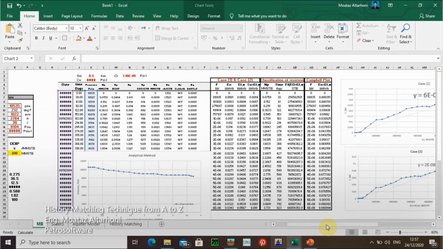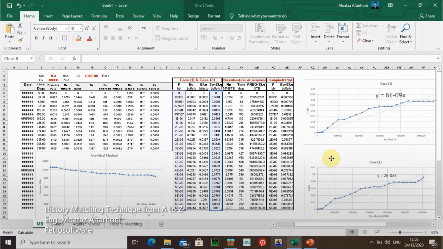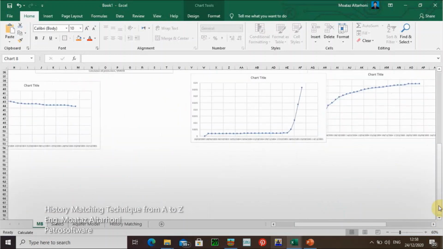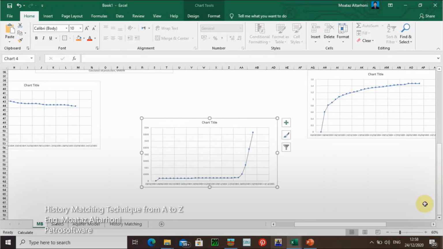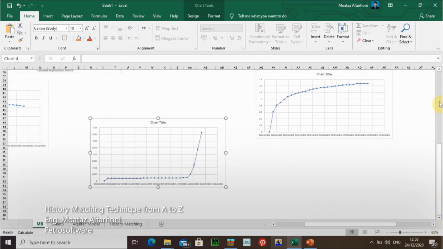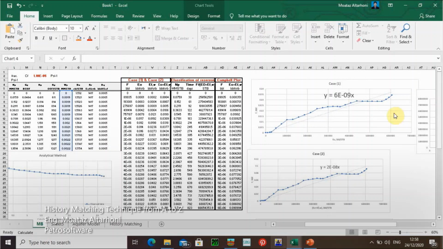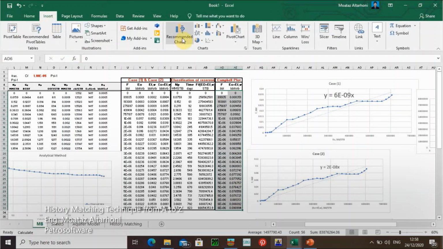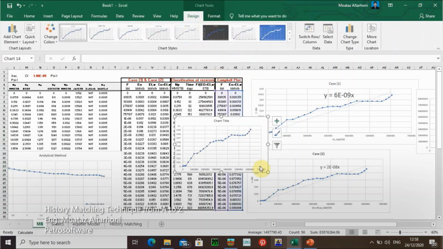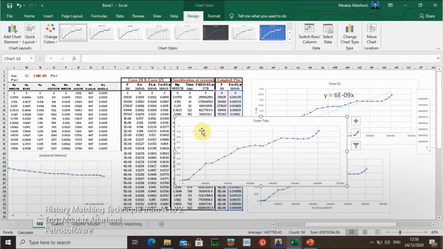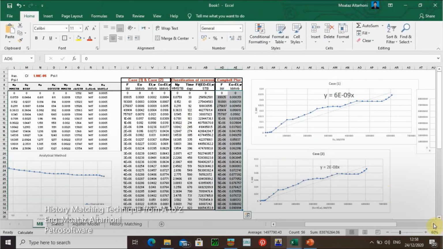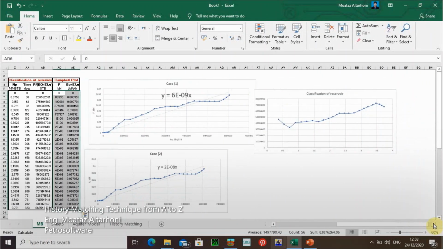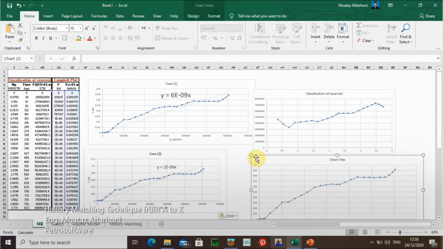I missed it here. Maybe I need to create another one, or yes, I think I put it here. Okay, I will create this plot again. It always happens like this. You have to be focused on what you put. Yeah, sorry for that.